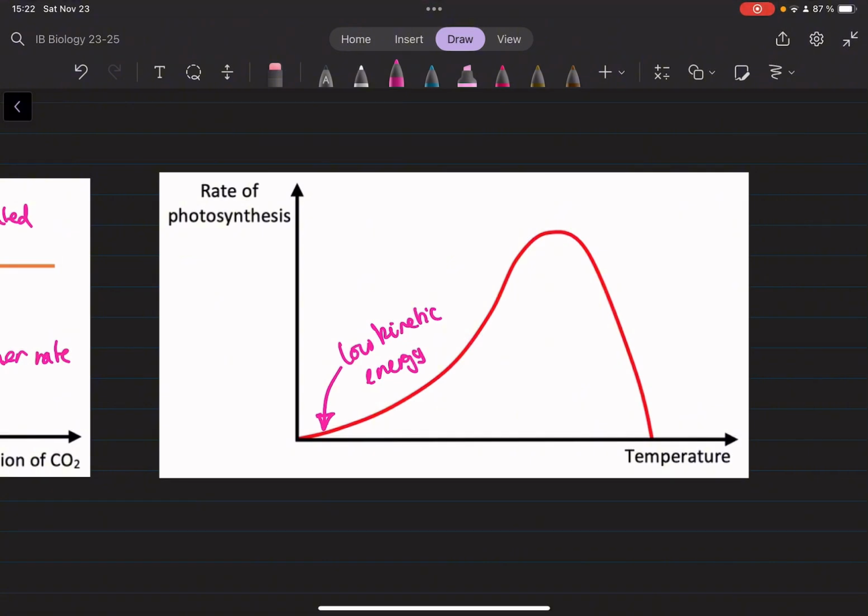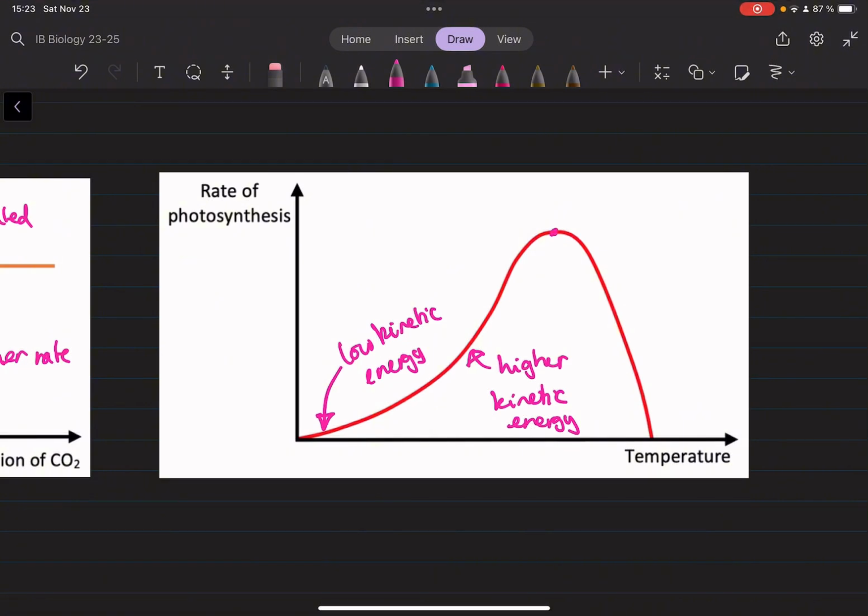However, as the temperature increases, there will be a higher kinetic energy. And obviously, this will be the opposite effect as low kinetic energy. Because as you increase the kinetic energy, that means the particles will move around more, and that means that there will be more reactants colliding, and so the rate of photosynthesis increases.